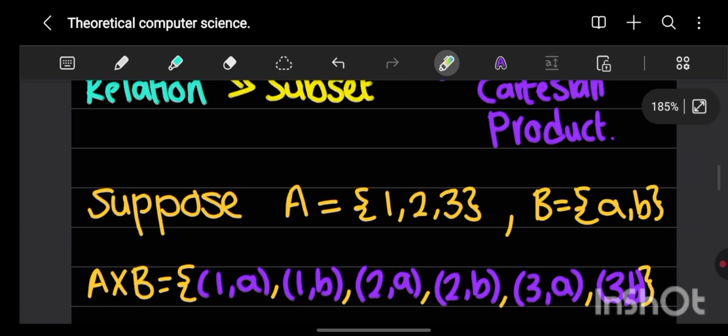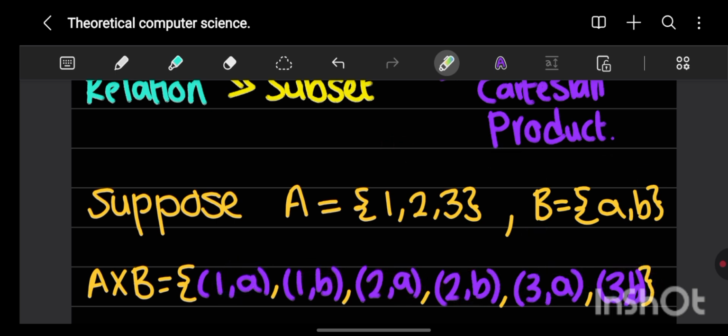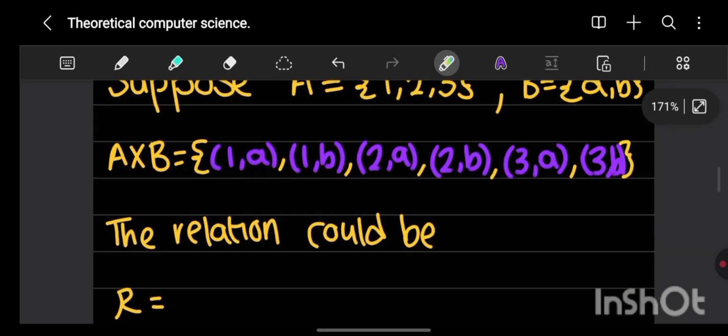Suppose, for example, you have this A and B. The cardinality of A and B would be this. If you want to, you can check. You have 3 here, you have 2, and those would give you 6. This is 1, 2, 3, 4, 5, 6. So that's the cardinality of A and B, and that's the Cartesian product of A and B, right? So any relation could be from this. Remember, a subset is anything that's less than or equal to that big thing that you have.